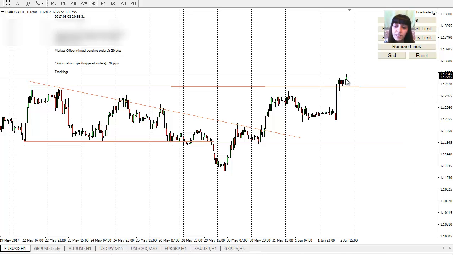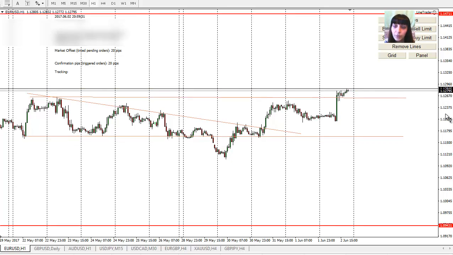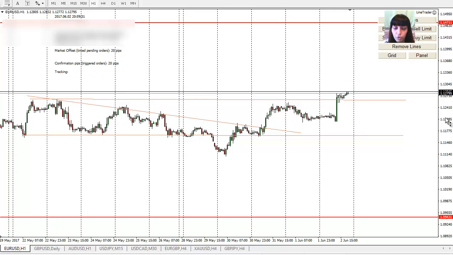Except, for example, if it stays around this area before the news, it could be quite wide. Even if it's a wide channel, I would also have a look at how it's behaving, whether it has jumps or not, but I'm not sure if I will be going for trades before the news.